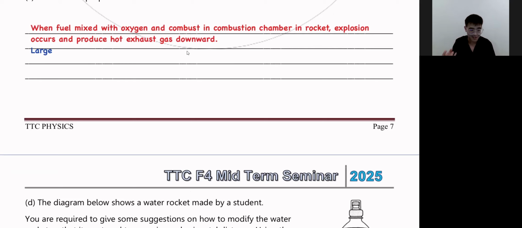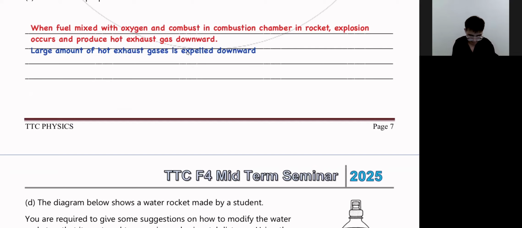The mass of the hot gases is big. Writing exhaust gas will be better, because it's the gas that you expel. So a large amount of hot exhaust gases is expelled downward.